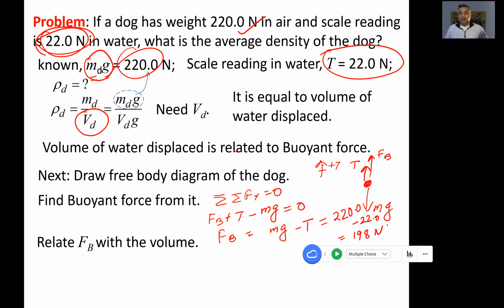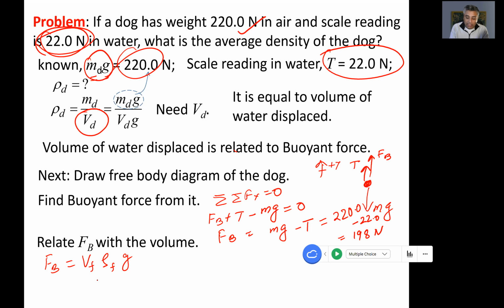Now, where is the volume of the dog in the buoyant force? Can we find volume of the dog from the buoyant force? We know buoyant force is volume of fluid displaced times density of fluid displaced times G, right?